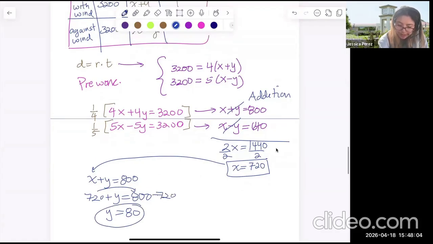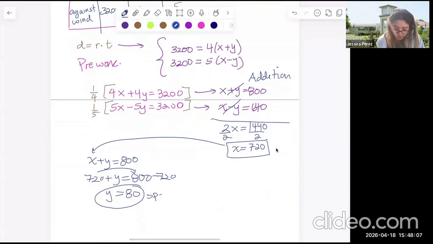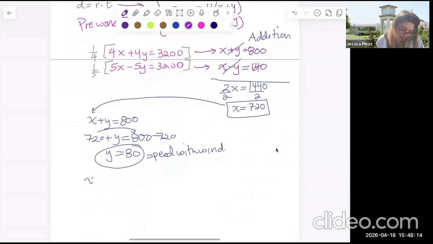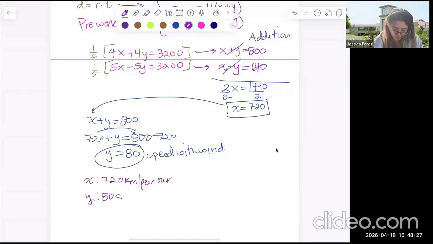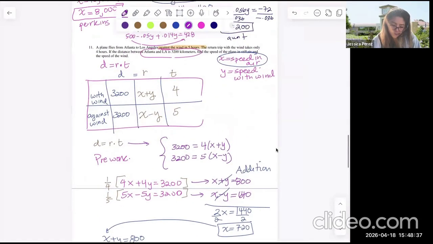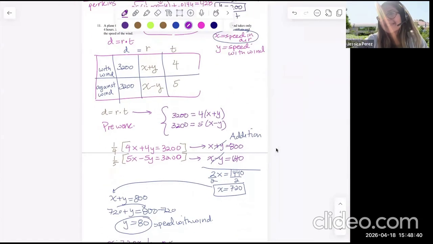So x is 720 kilometers per hour, the speed of the plane in the air. And 80 is the speed of the wind, 80 kilometers per hour. And with that, we are able to solve our system of equations.